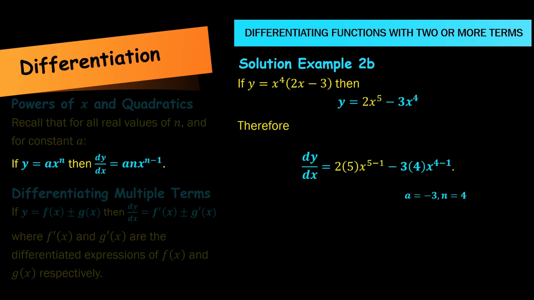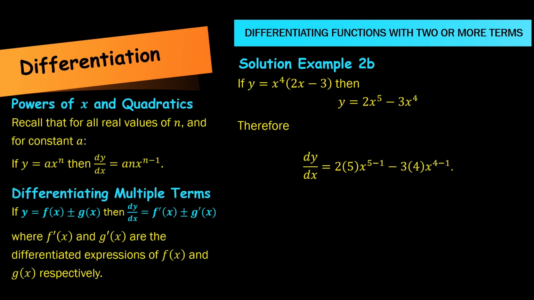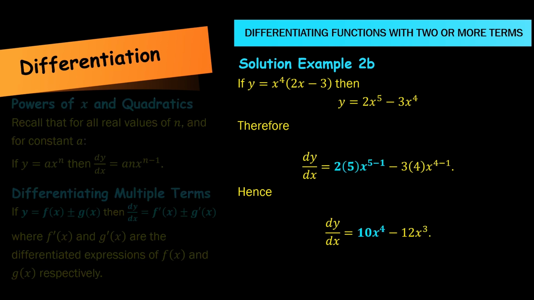And for the second term, minus 3x to the power 4, here we have a equals minus 3 and n equals 4, giving us the expression for dy/dx. And so if we tidy up, we obtain 10x to the power 4 minus 12x cubed.